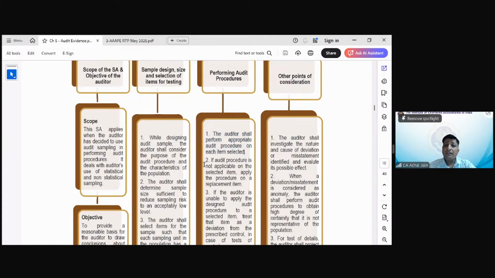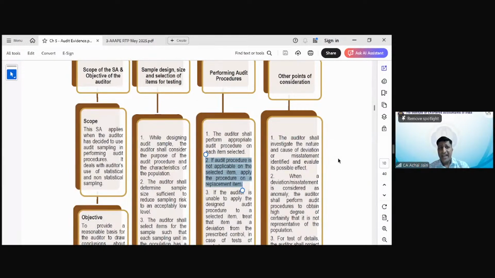Then it says, if the audit procedure is not applicable on the selected item, apply the procedure on a replacement item. See, sometimes auditor may have some objective to be achieved.